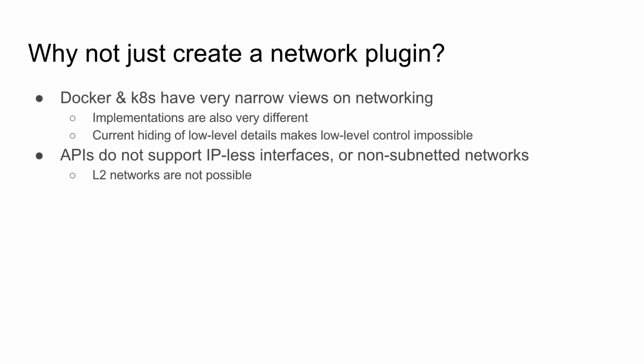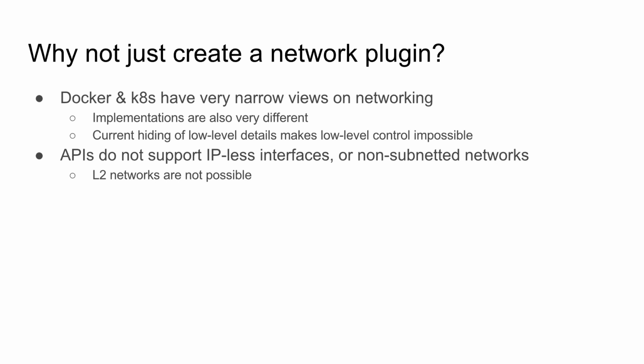So at first, when I was going to design Spanneti, I went and looked at both Docker and Kubernetes networking, and tried to figure out if we could do this with just their networking. I wasn't even trying to write a plugin at the time.